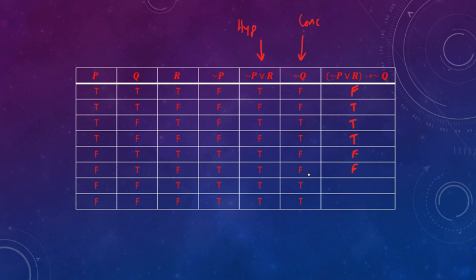And then the last two rows, in both cases, we have a true implying a true, which is a true. So we've completed our logic table for this logic form. We have FTTT, FFTT in that final column.